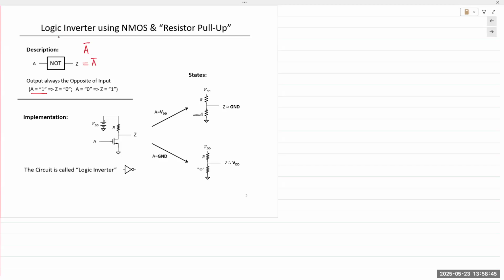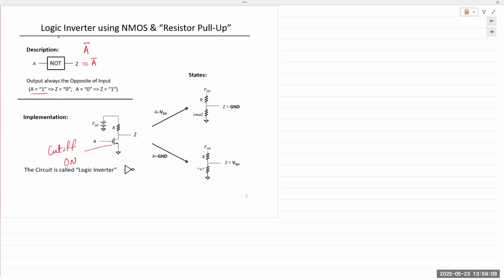If it's cut off, then the device is off. If it's in the triode region, we say it's on. And so if we have this transistor and it's cut off or on, we can use it as a switch.